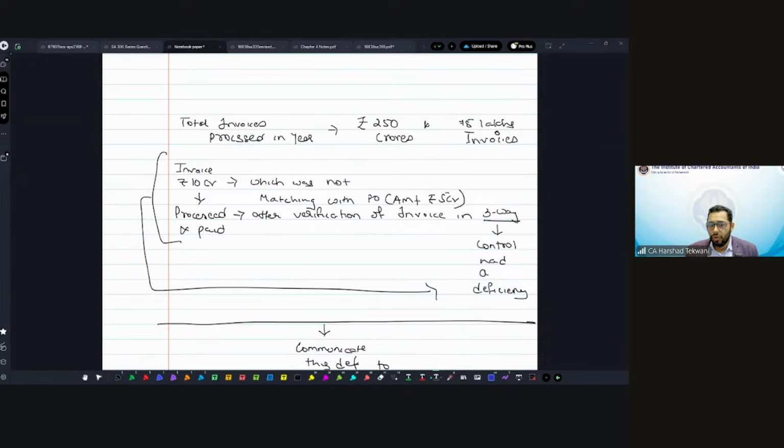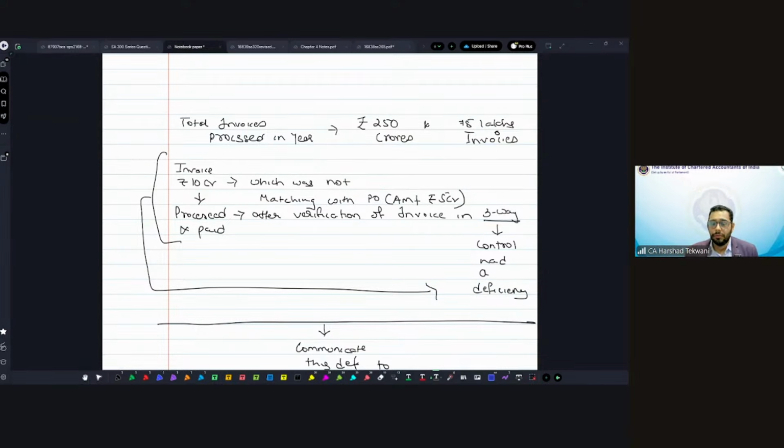So although the three-way match was failing, there is another control which might have prevented this kind of scenario. So you need to provide all this information to management: what is the deficiency, how it is impacting your opinion on the internal controls if you are going to issue one, how it is going to impact the opinion on the financial statements, and other information which is relevant from the management or those charged with governance point of view to understand the deficiency.